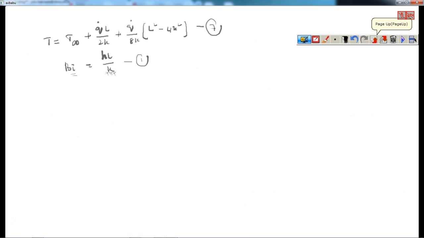I can define the Biot number as the ratio of conductive resistance to convective resistance.